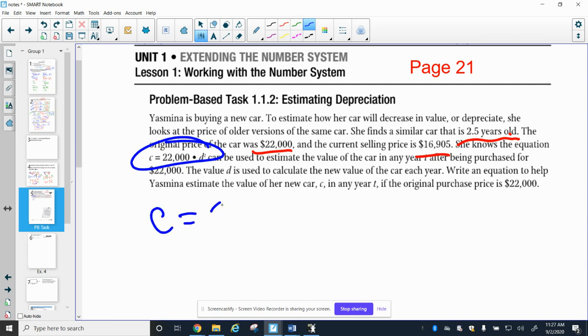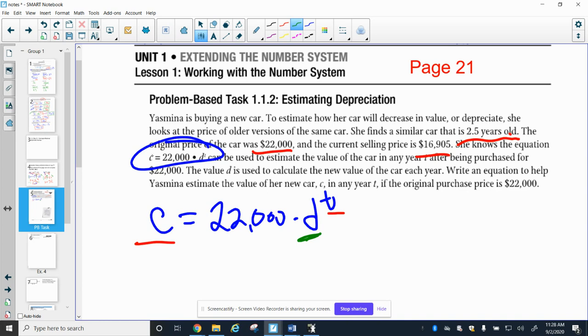C equals 22,000 times D to the T power. So our problem is saying write an equation, a function that we can use to find the value for any year T. It's saying our variables should be C and T. What that's telling us is we need to find D. So in order to find D, we have to use the information they gave us.